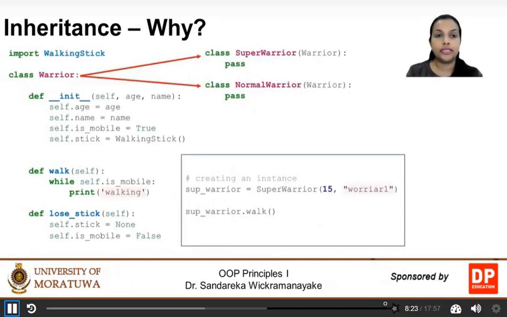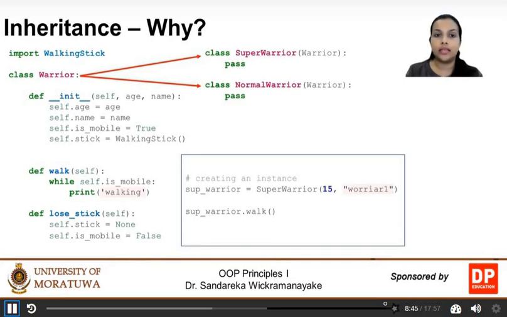The solution is inheritance. We can use a superclass called warrior and move the code common to both normal and super warriors to this superclass. So now we need to update only one place whenever we have to make a change. This means less code redundancy and easy maintenance of the code.